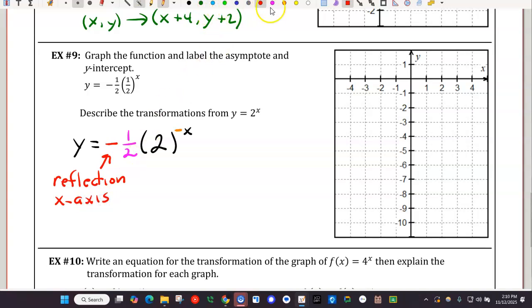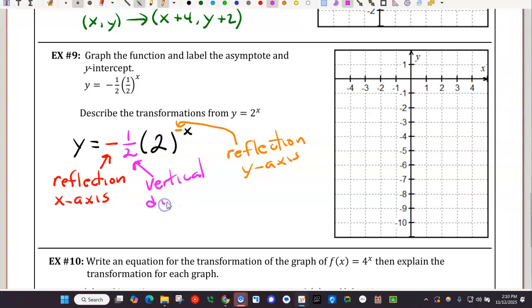So this is going to be the y reflection, the y-axis. And what is this 1/2 doing? What is that called? Vertical this time. Vertical dilation. And what is the factor? Just stays the same.